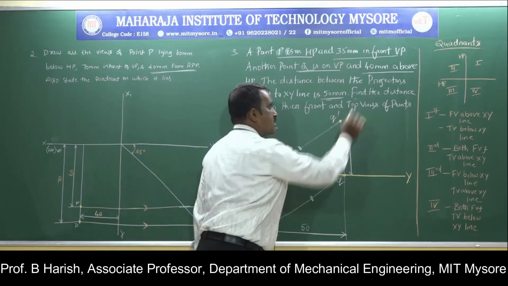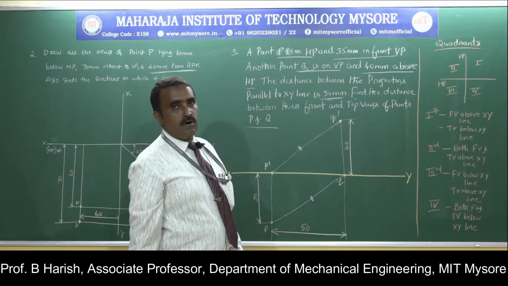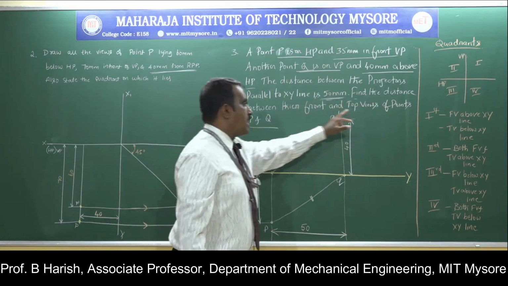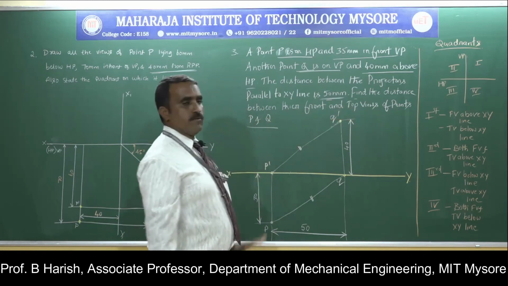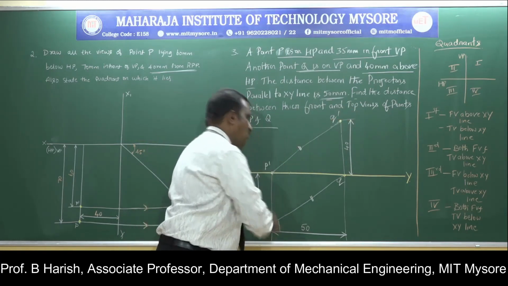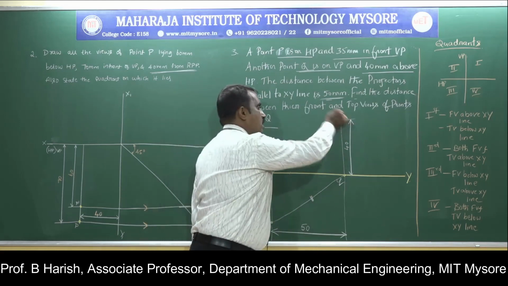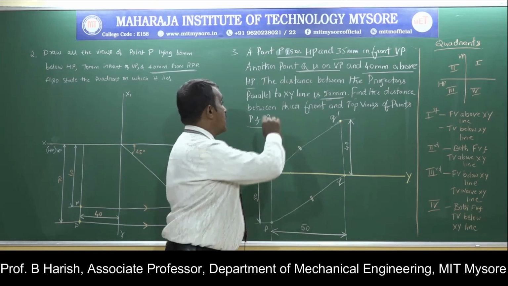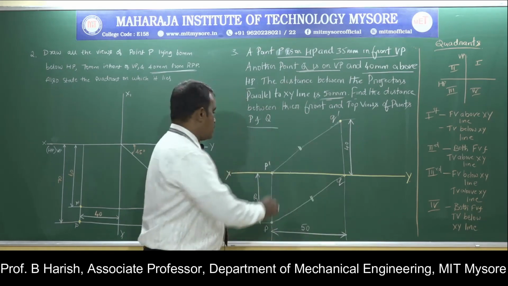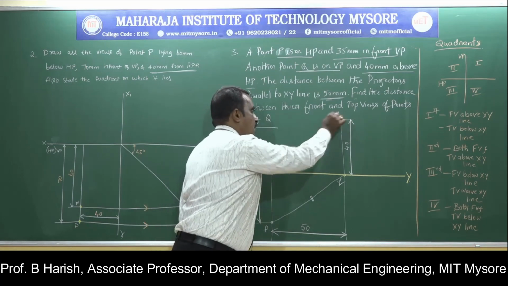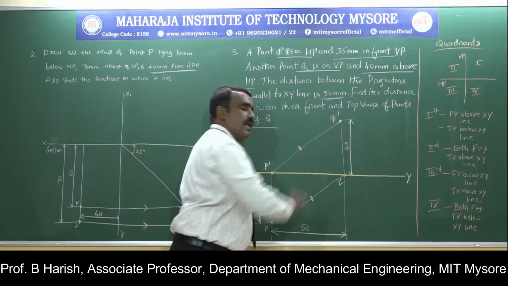Next, he has given something that is to be found out: the distance between the front and top views of points P and Q. This is the front view of point P, this is the top view, this is the front view of point Q, and this is the top view of point Q. I will join the front views P dash and Q dash by a thin line.